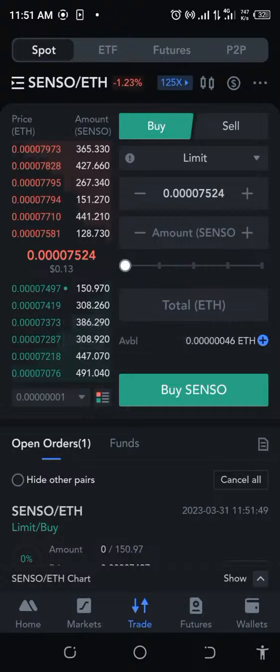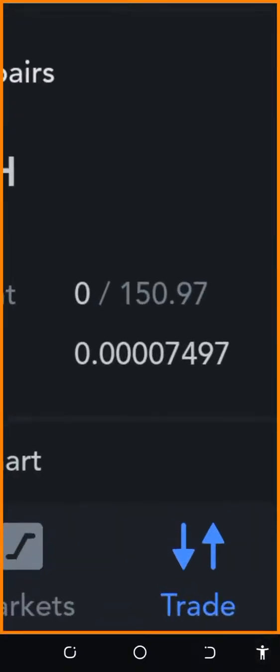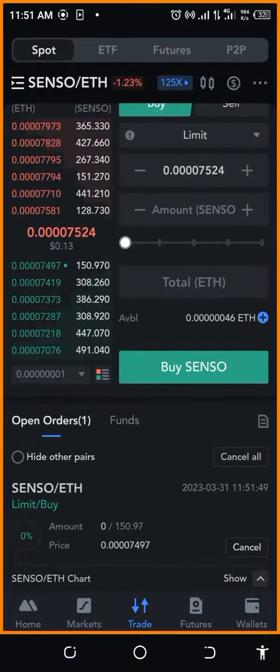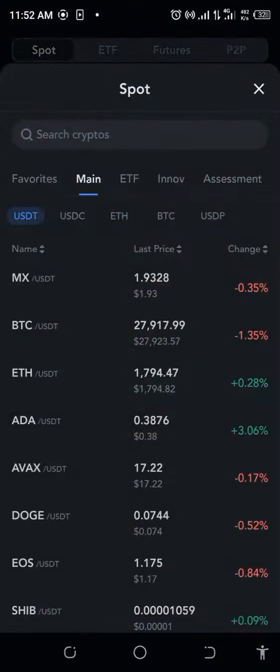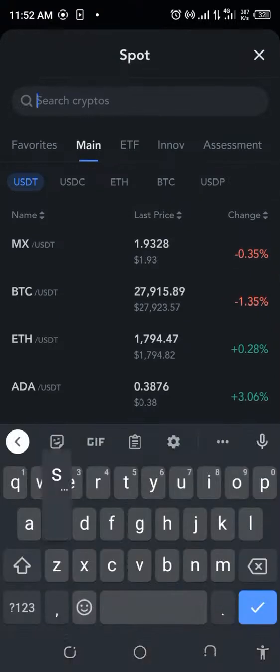Okay, so what we got was 150.97, I guess. Okay, let's quickly go and see if we sell this, to Senso USDT, how much we're gonna make.